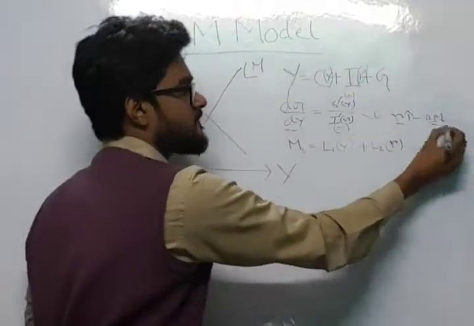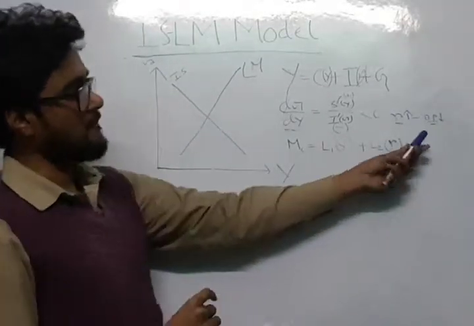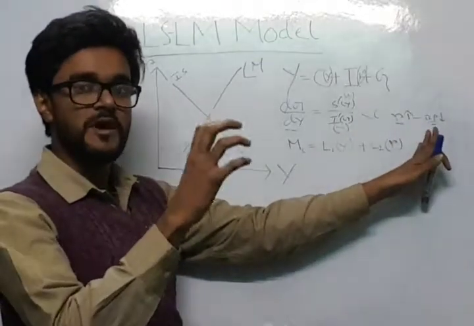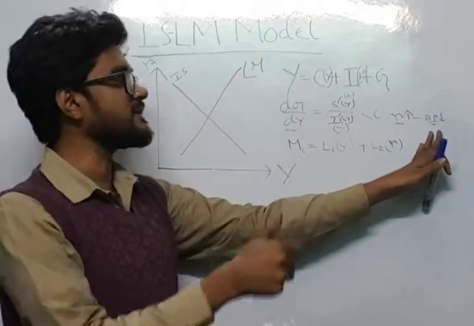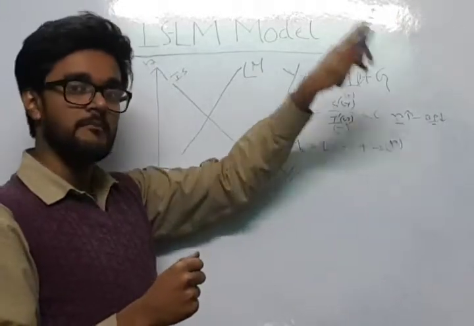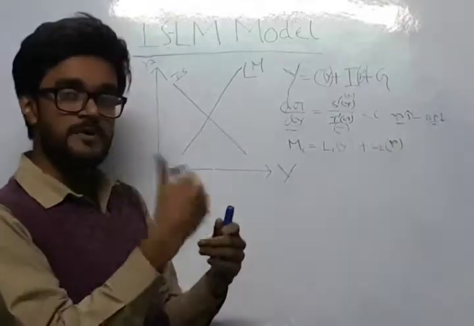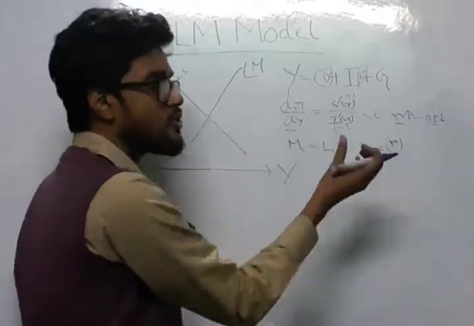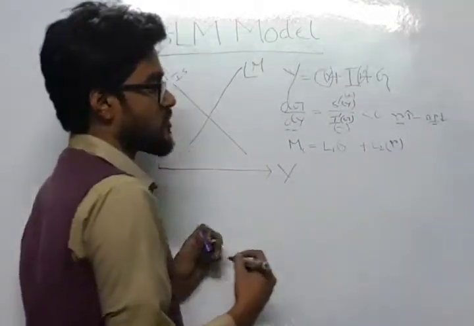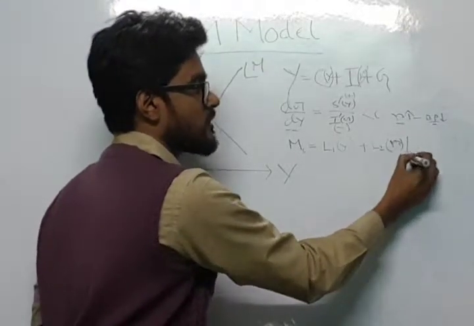When the bond price falls, people who are willing to buy bonds are not likely to buy them, because the bond price is the advantage that they will get by buying. That is the return for the risk they take by buying the bond. So if the bond price falls, people will hold on to money rather than buying the bond. So when R increases, the speculative demand for money falls.